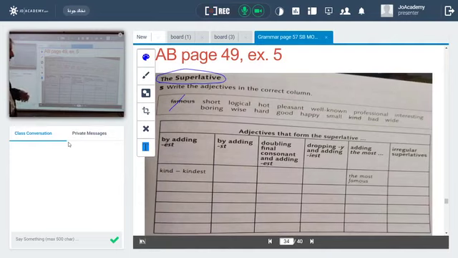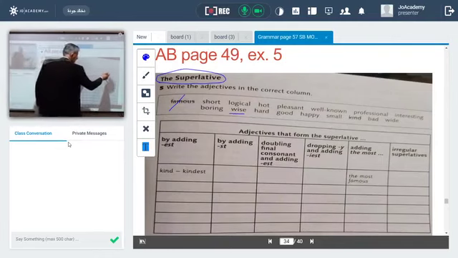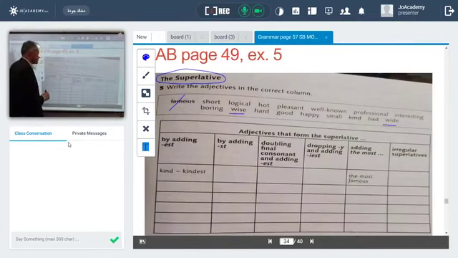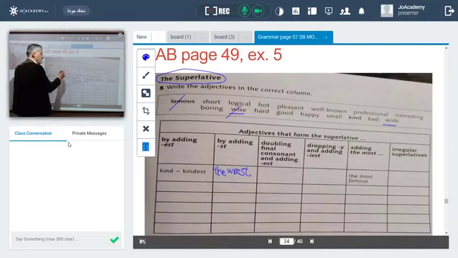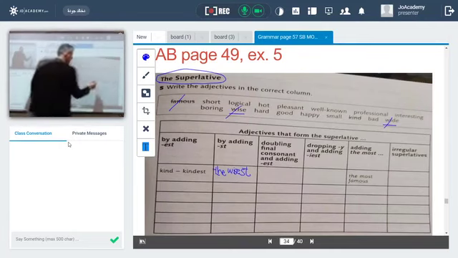Of course, we have wise and we have wide, because both of these adjectives end with what? They end with e. So here we write the, then we will add st: the wisest. Okay, the wisest and the widest.